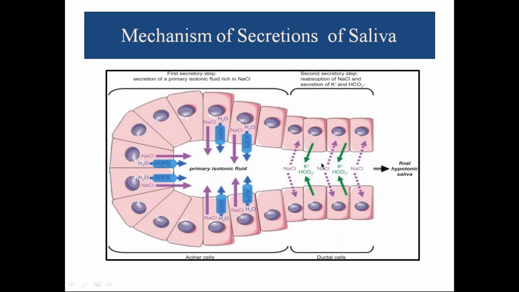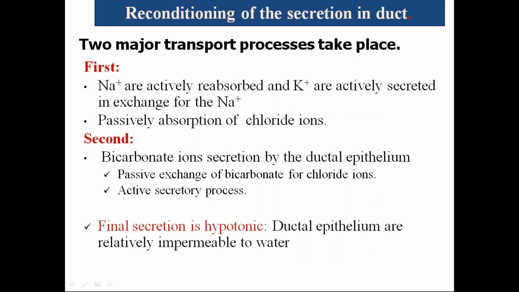Bicarbonate would by and large be secreted by the ductal epithelium into the ductal lumen. Okay. All this movement is occurring by means of specialized channels or specialized pumps which are present in the acini and in the duct of the salivary glands.